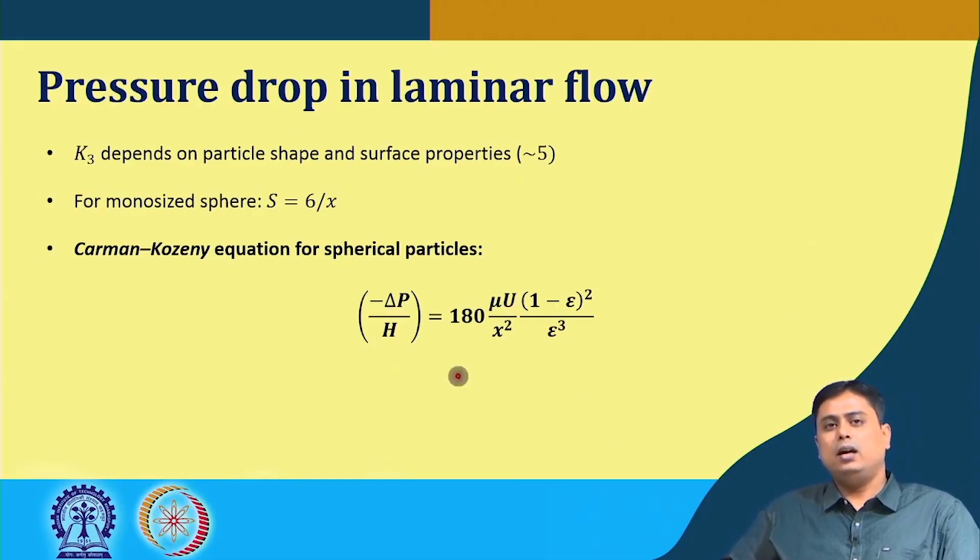This is again a famous form of the Kozeny-Carman equation for spherical objects, again mono-sized spherical objects, laminar flow. These conditions have to be met, then you can use this expression to find out what would be the pressure gradient across a mono-sized spherical bed of diameter x when a fluid of viscosity mu is flowing at a superficial velocity of u and when the bed voidage is epsilon, that is known to you.